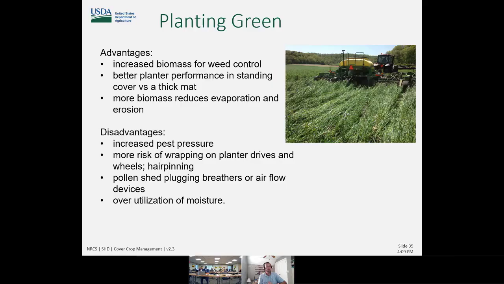The most time I see that these disadvantages really show their head is when that cover crop is in some variation of termination. And let's just say maybe we haven't terminated it as a producer, but maybe it's nearing the end of its growth cycle.